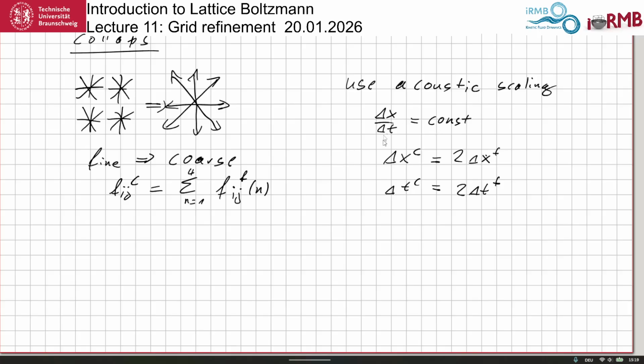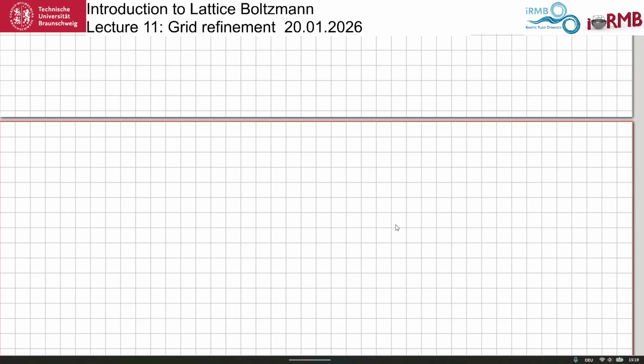I need a little bit of space here, so I take already the next page. I've told you that acoustic scaling is not good.